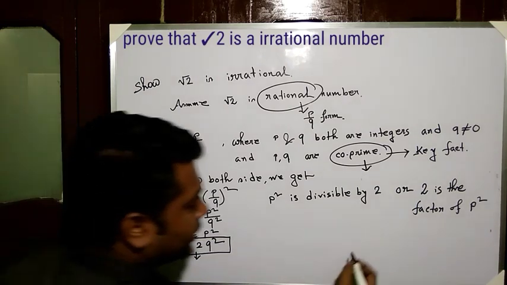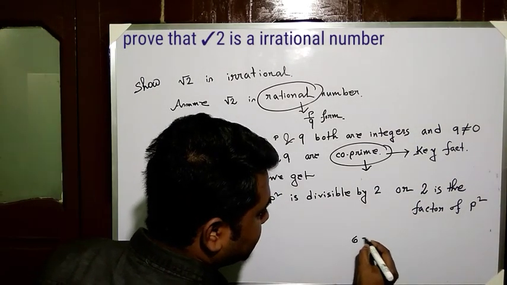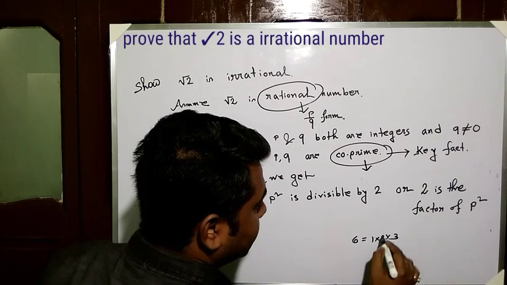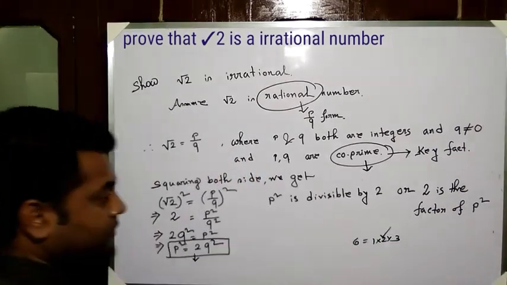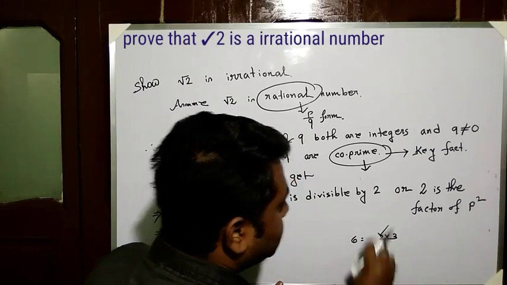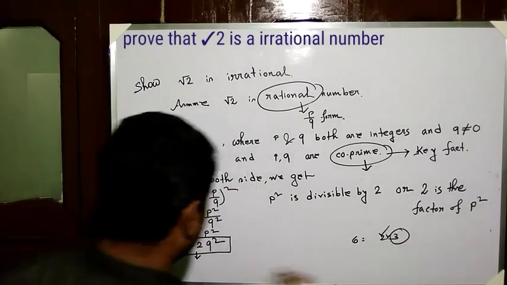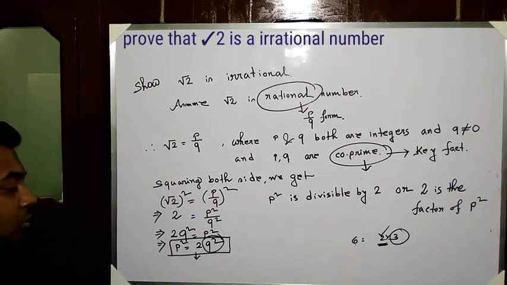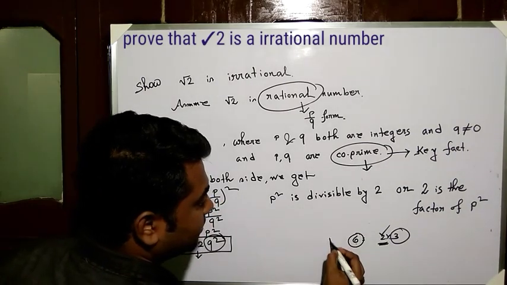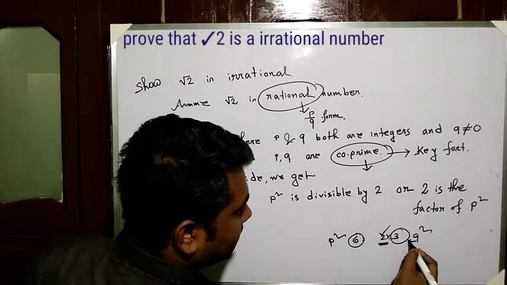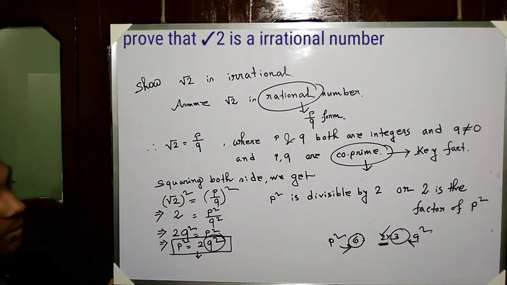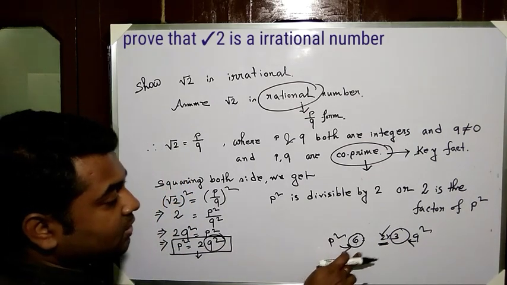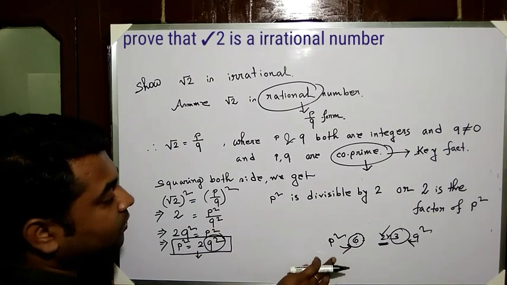Most of the time we write factors like this: 6 equals 1 into 2 into 3. It means 2 is a factor of this, or you can write 2 into 3. So definitely 2 is a factor of 6. So similarly this 2 is a factor of p square.